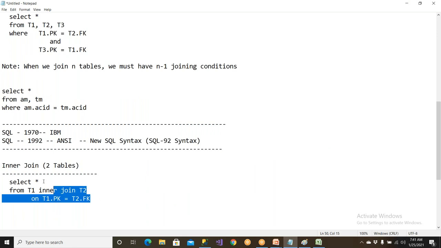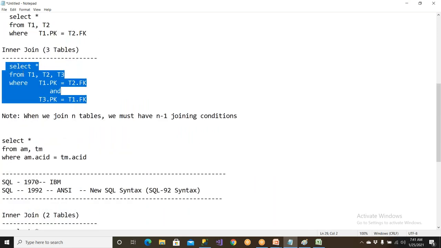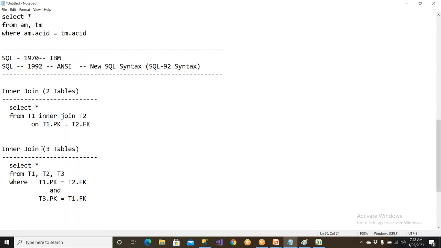Now, that was joining two tables. But if I wanted to join three tables in the new syntax, let me take this. You must say T1 join T2, you remove this here and also remove everything else.